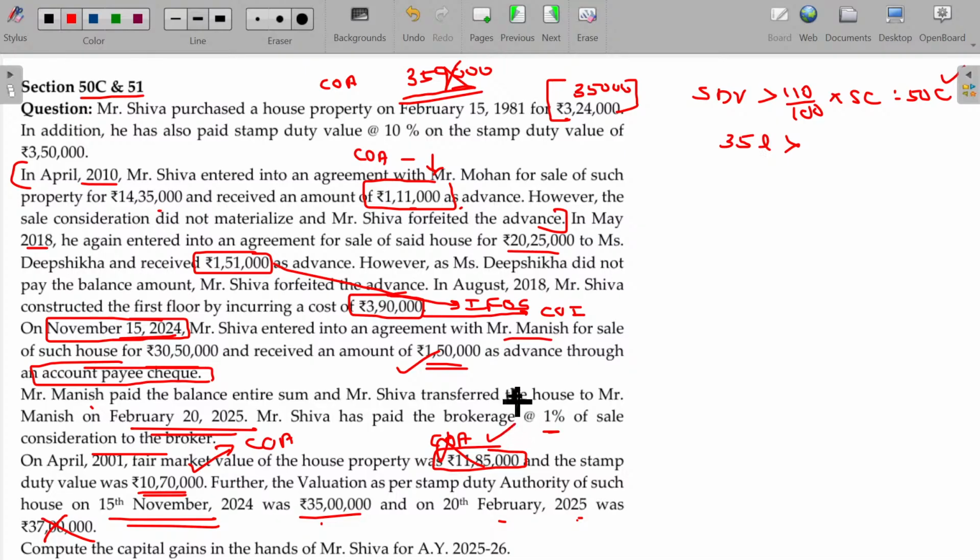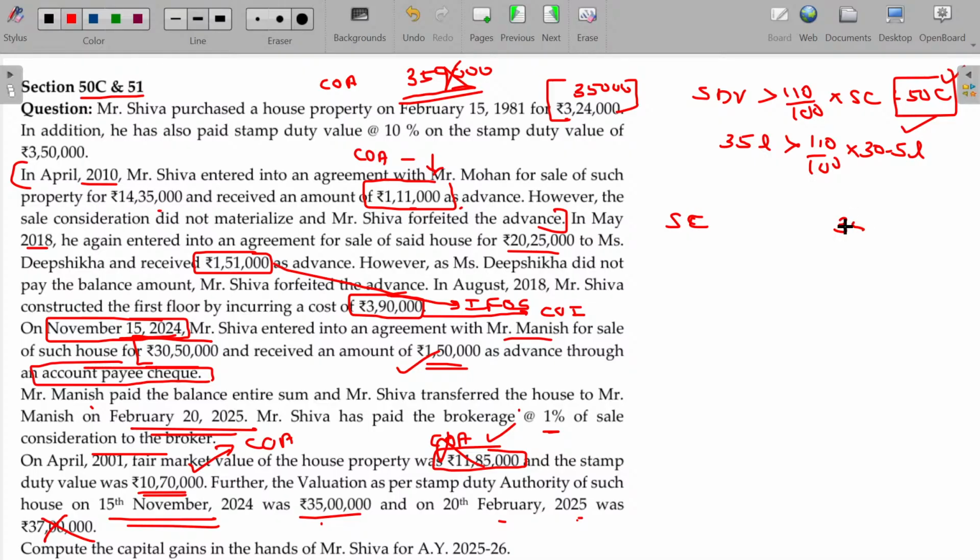The actual sale consideration, 30 lakhs 50,000. So the condition is satisfied, right? So 50C is applicable. Then sale consideration is whichever is higher will be taken.